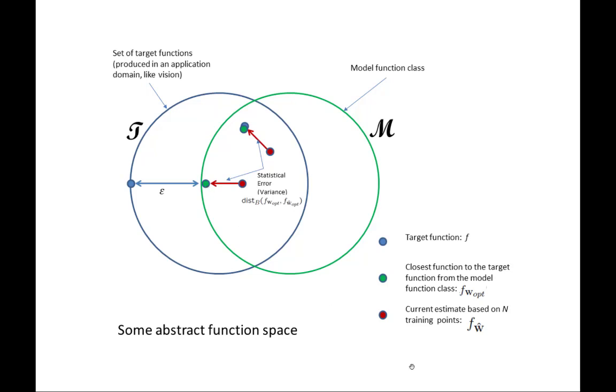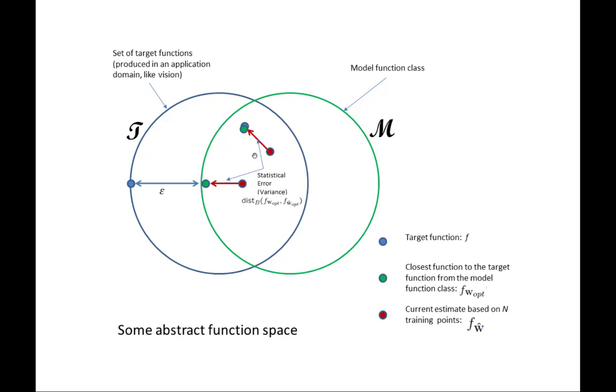In our case, we say it's characterized by a weight vector. Or in this case, the target function can be realized by one element of the model class. But still, with not enough data, we will not know which one that function is.